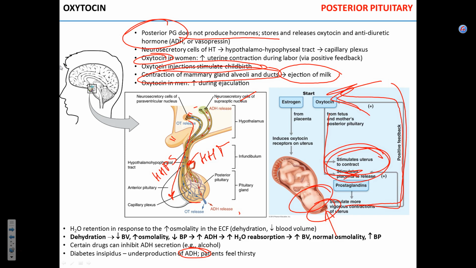Okay. Now, antidiuretic hormone, or ADH. Let's talk about the name. ADH, antidiuretic. What does that mean, antidiuretic?